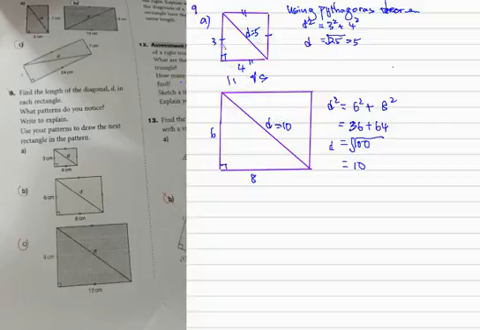Now let's look at the length and the width. From 3 to become 6, basically you times 2. Then 4 to become 8 is 4 times 2. You got 8. Therefore, you actually do not need to find the diagonal using Pythagoras.